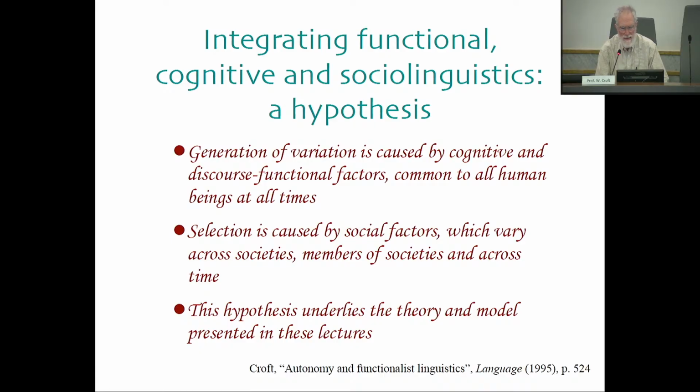Basically, generation of variation is caused by cognitive and discourse functional factors which are common to all human beings at all times. That is, universal properties of human cognition, perception and production skills, physiological skills, and human social interaction.